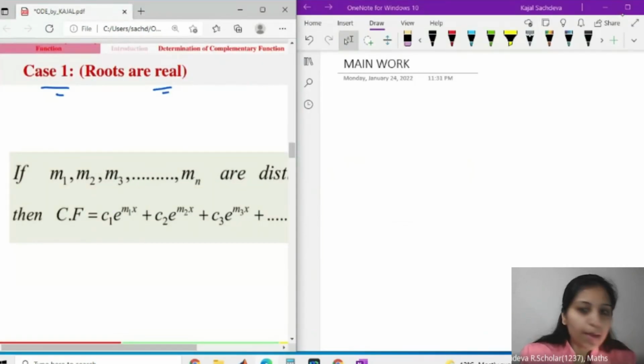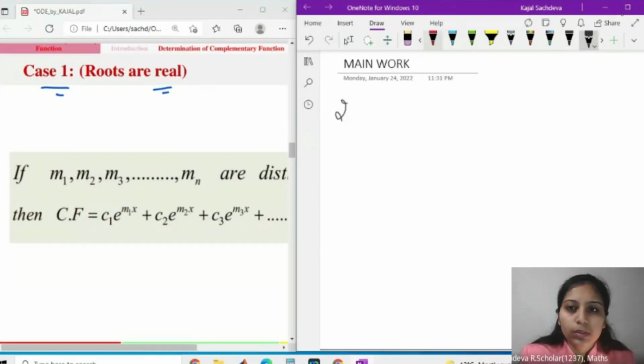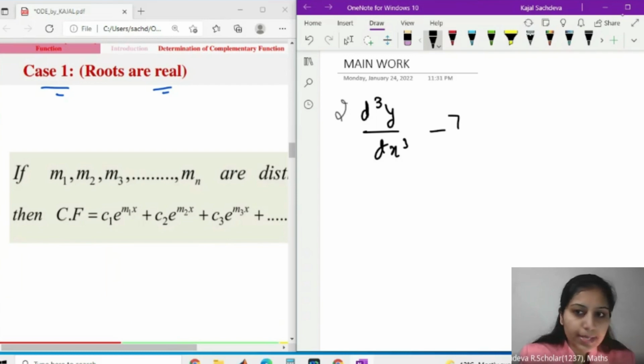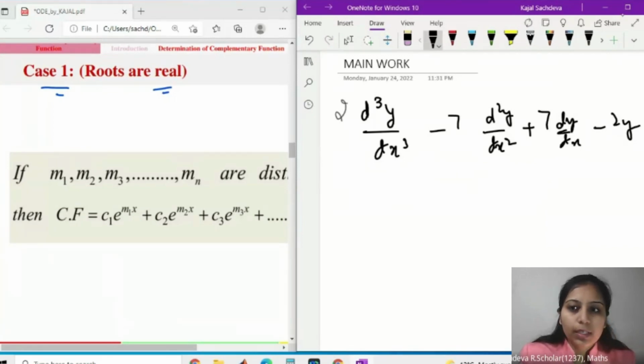Let's take example 2: 2 d cube y upon dx cube minus 7 d2y by dx square plus 7 dy by dx minus 2y is equal to 0. This is the given equation.